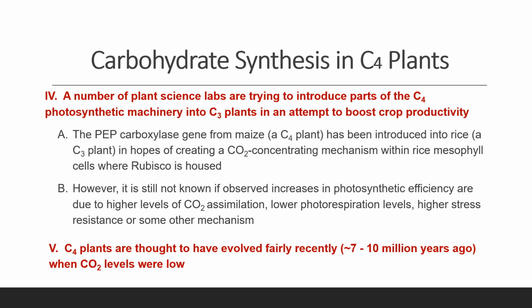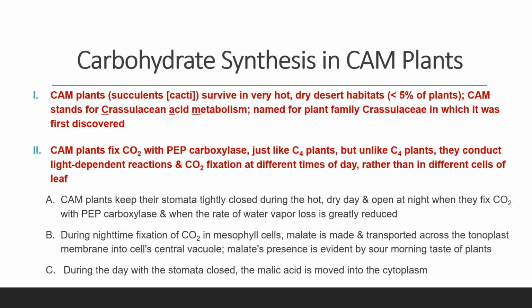C4 plants are thought to have evolved fairly recently, about 7 to 10 million years ago, when carbon dioxide levels were very low. Next, and last for our discussion about photosynthesis, is carbohydrate synthesis in plants.